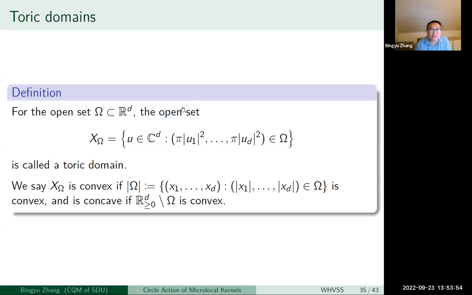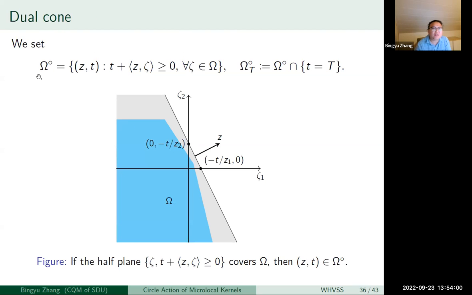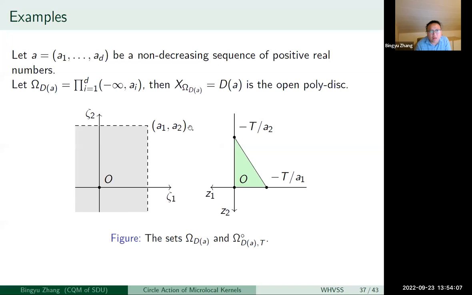Let's get the definition of toric domain here, and we take the omega circle to be some dual, and omega t circle to be some section of the dual. Here we have, for example, an ellipsoid and its dual.